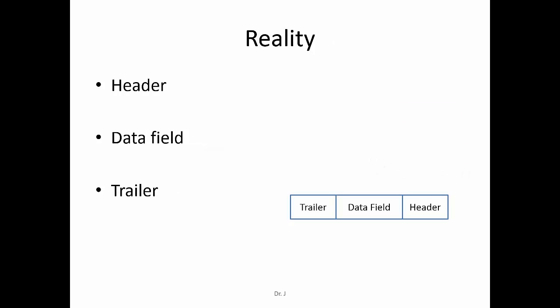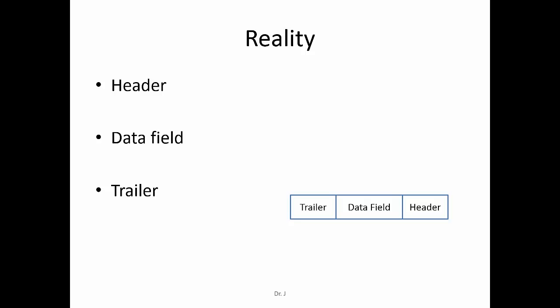In reality, how things work is slightly different, and to understand some details of how things actually work, we have to understand the message structure. A typical network message consists of three different parts: header, data field, and trailer.